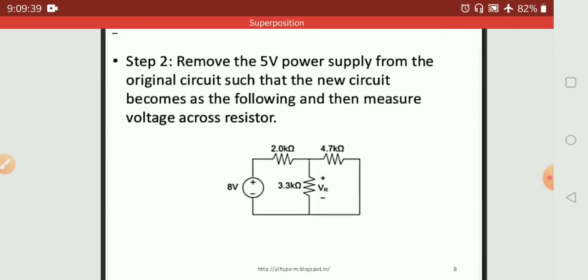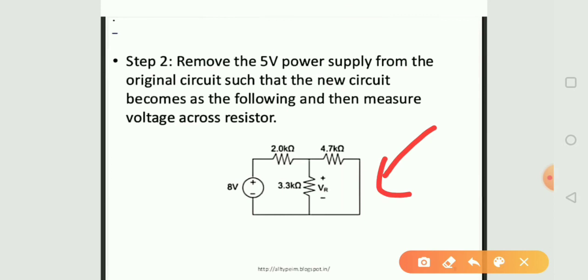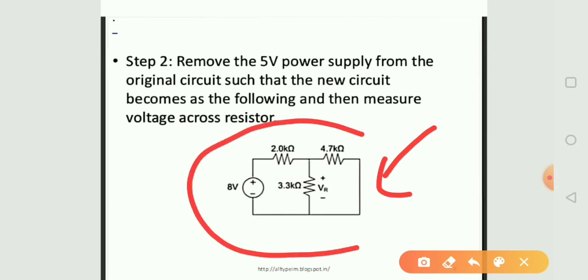Now step 2 is, at first we considered the 5 volt source and the 8 volt source was short circuited. Now we consider the 8 volt source and the 5 volt source is short circuited. By this the figure becomes like that.